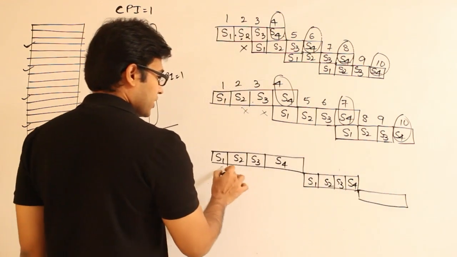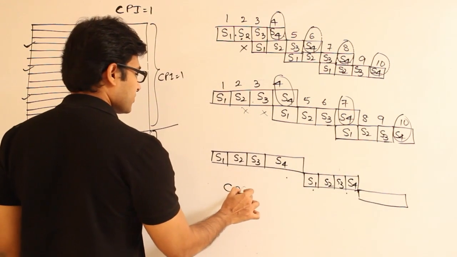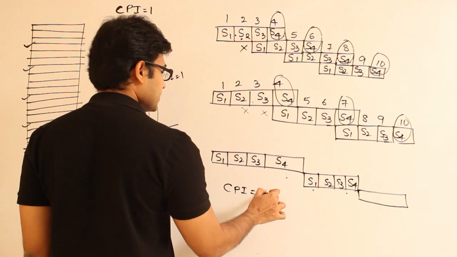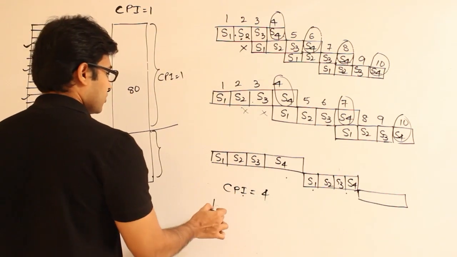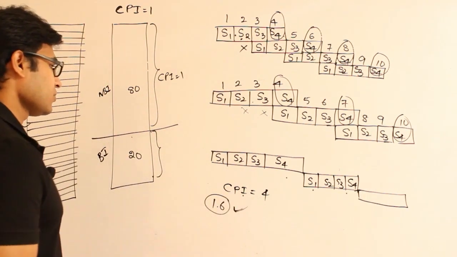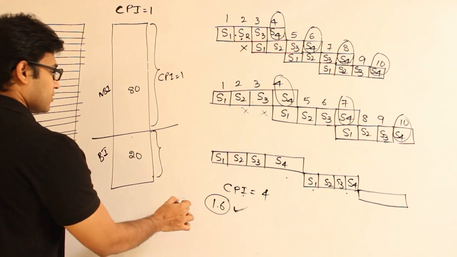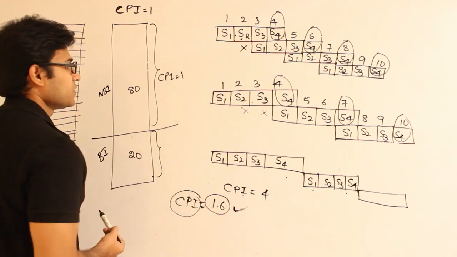Now what is happening? For every 4 clocks, one instruction is coming out. Therefore, clocks per instruction in case of this one is 4. Appropriately you have to do this, right? And I think you are going to get 1.6 as the answer. 1.6 is the average number of clocks per instruction, or effective clocks per instruction is going to be 1.6.